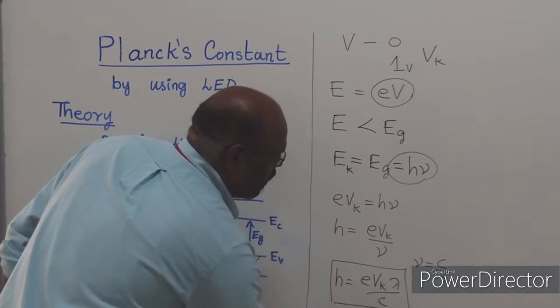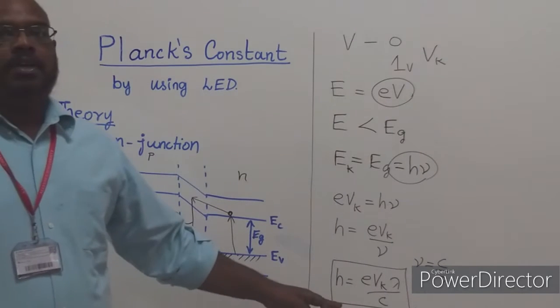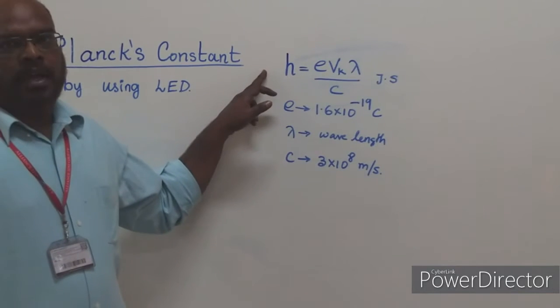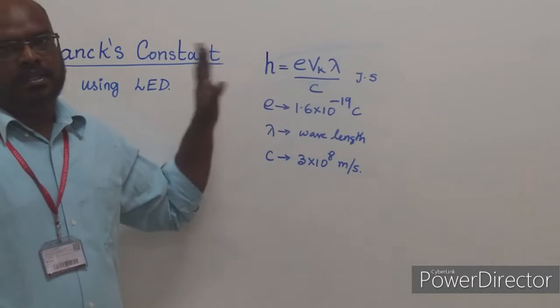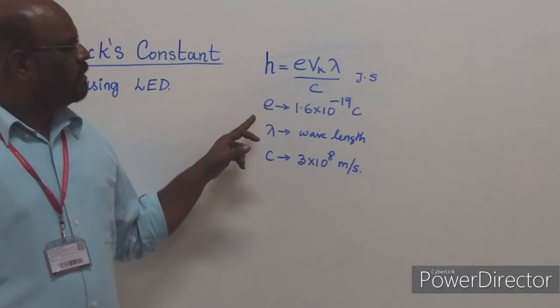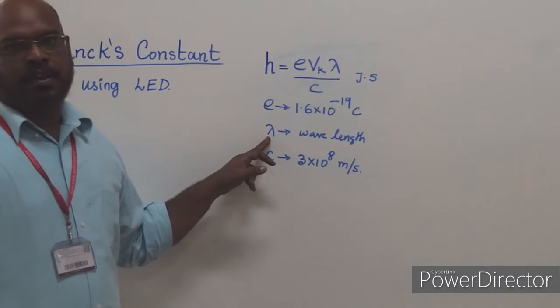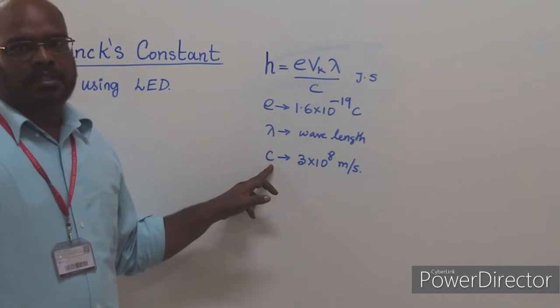This is the formula we are going to use to find Planck's constant by using an LED. Here e is the charge of the electron, 1.6 × 10⁻¹⁹ coulombs, lambda is the wavelength of the light emitted and c is the velocity of light.